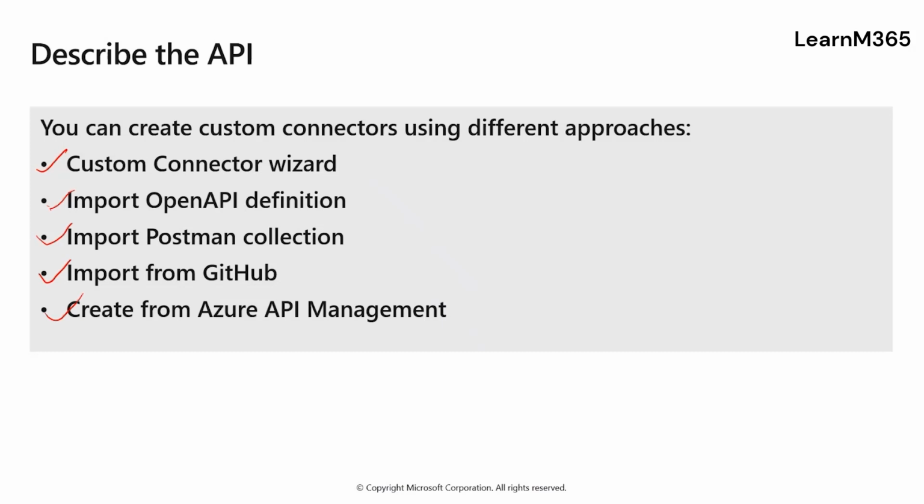Basically, for Power Apps and Power Automate to discover what triggers and actions are available from the API, you must identify them when you create your own custom connector. You can accomplish this task by manually editing the connector definition in the Maker portal or by importing a definition in a supported format. This process includes identifying the authentication requirement for the API.